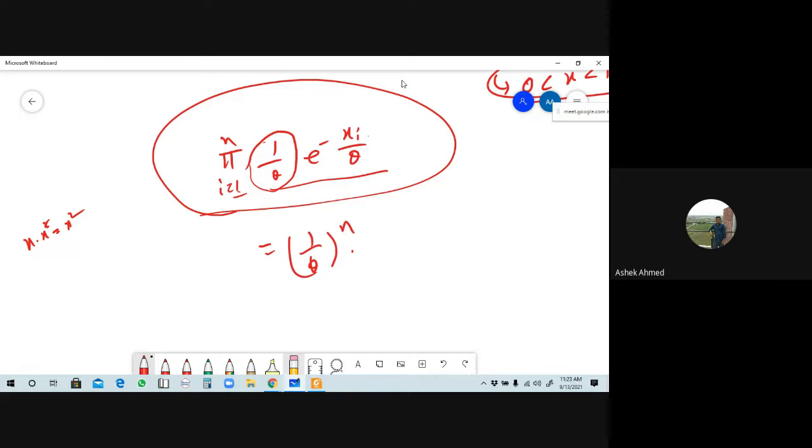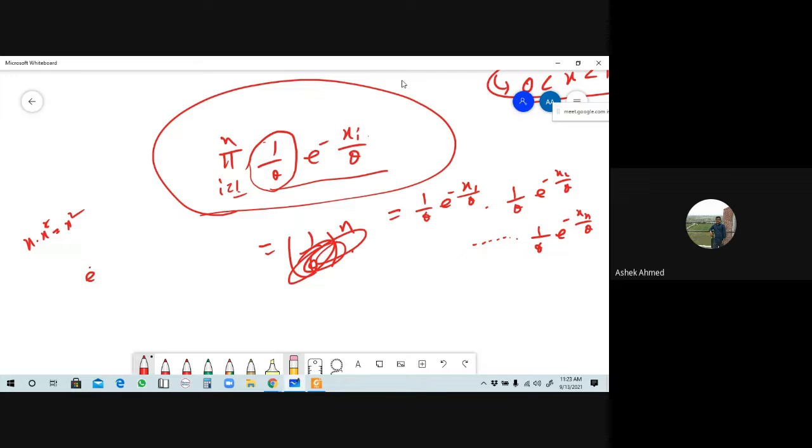And in this case, if you expand this clearly, it will be 1 by theta into e to the power minus x1 by theta, 1 by theta into e to the power minus x2 by theta, into dot dot, into 1 by theta into e to the power minus xn by theta.